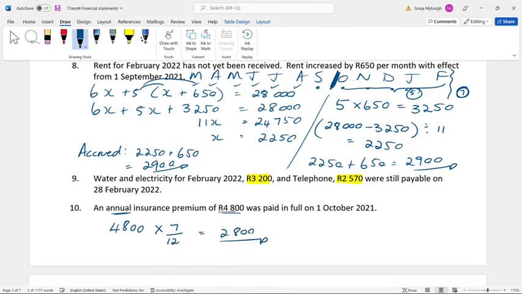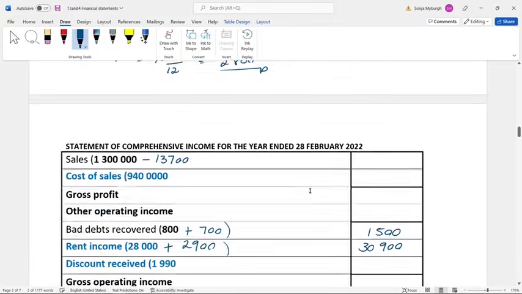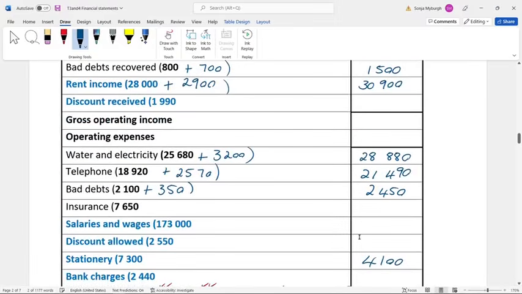When it's in advance, we subtract because we've already paid for the next financial year, but it cannot count as an expense for this year. Insurance, prepaid, subtract 2,800 to give us the 4,850. We are done with step 2.